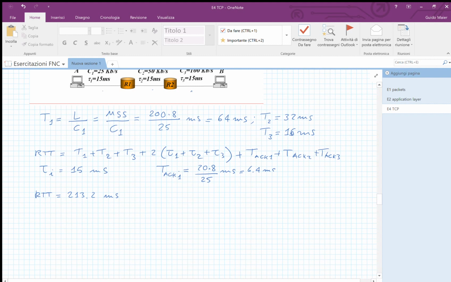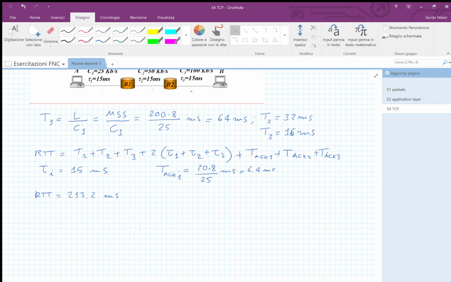So now we can look at the picture, the usual time diagram.